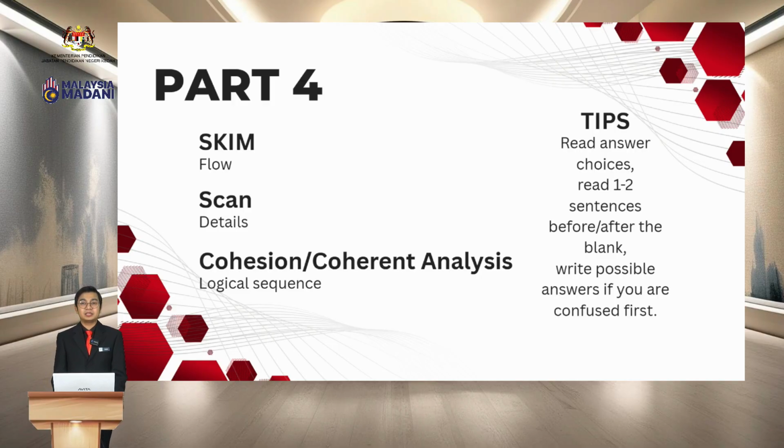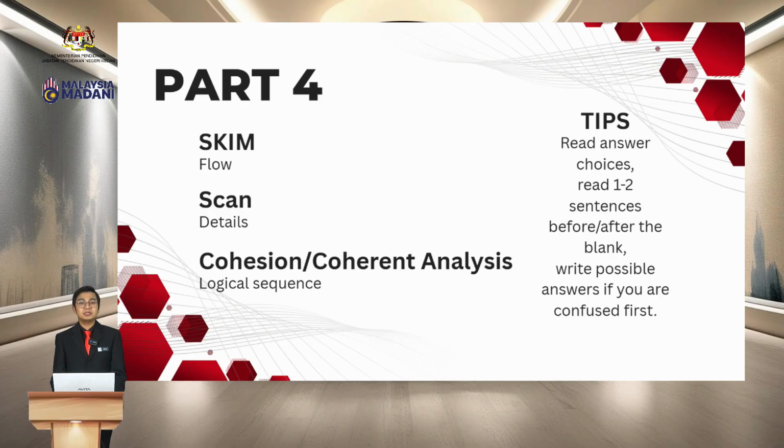Okay. And here are some tips that we can follow when doing this part of the question. In answering this question, what we can do first is read the answer choices first so that we won't be confused. Read the answer choices first, and only after that we read the text. Then when reading the text, read the first or second sentences before and after the blanks.